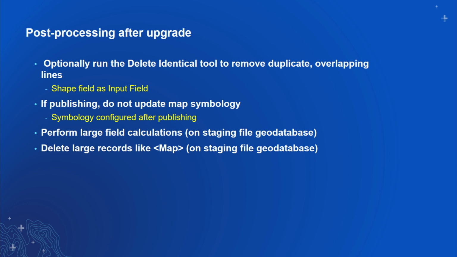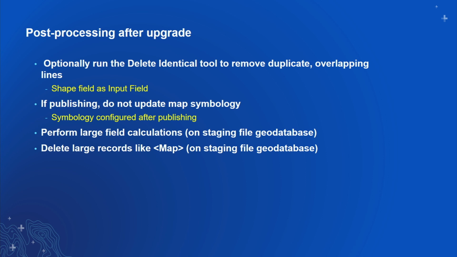Now, if you're going to deploy to an enterprise environment, if we're going to publish, which is the next thing we're going to do, do not bother with your map symbology, because when you publish, that map symbology is not brought over. But if you are going to continue in a single user environment on a file geodatabase, you can start working with your map symbology in the map.